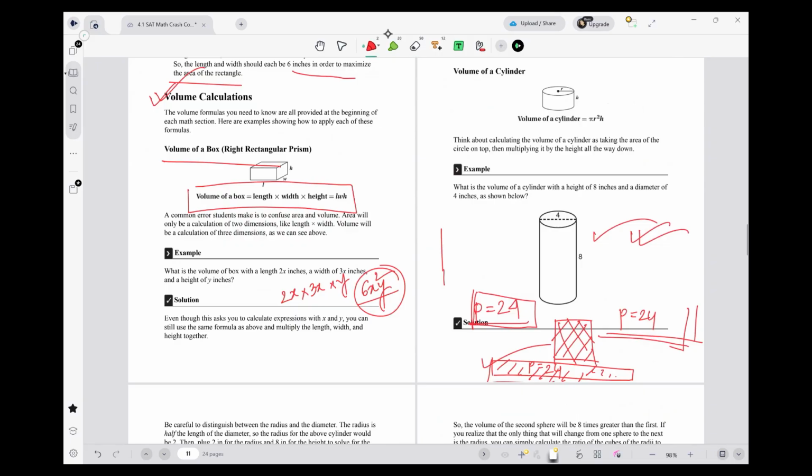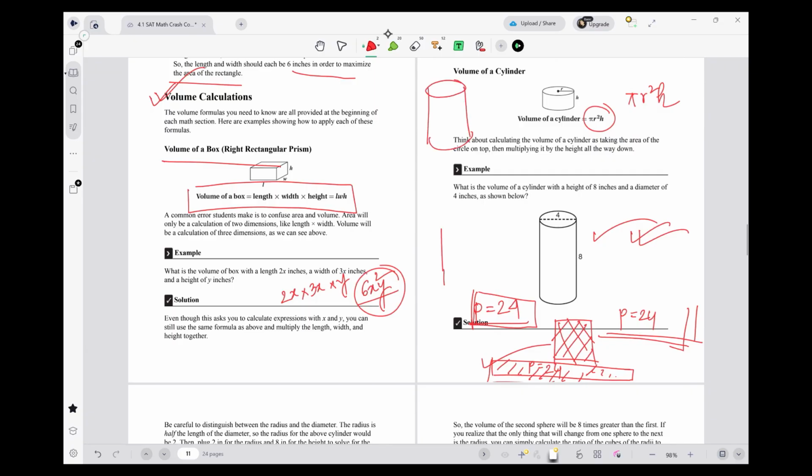So the volume of a cylinder is pi r squared h. Do you understand the meaning of pi r squared h? For your information, I'm just telling you again, this is basically a cylinder.